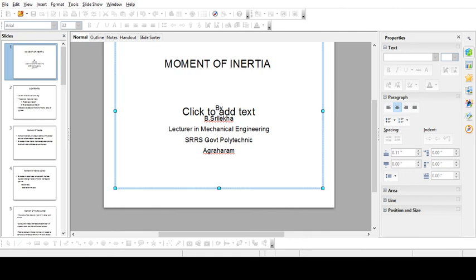Okay, so this is how we calculate the values for everything. In the next class we'll be discussing the moment of inertia of the angle section, and we'll discuss the moment of inertia of non-symmetric and symmetric sections.